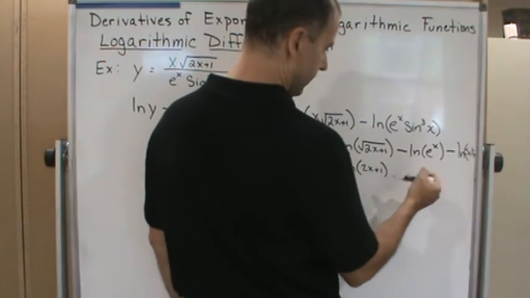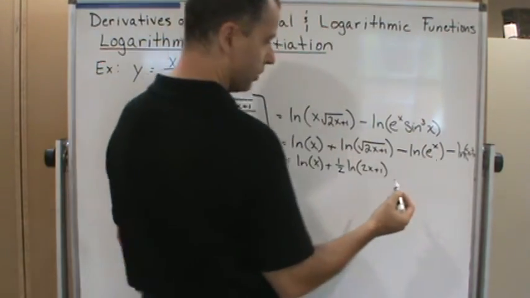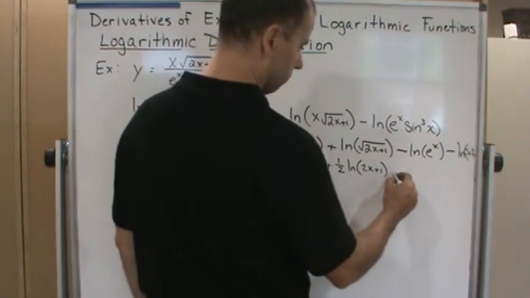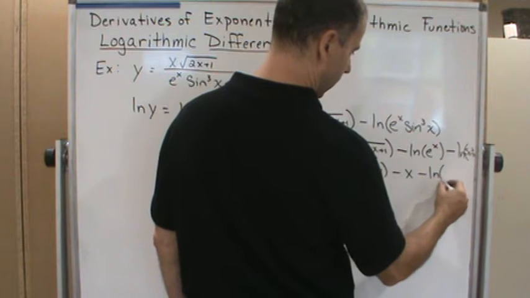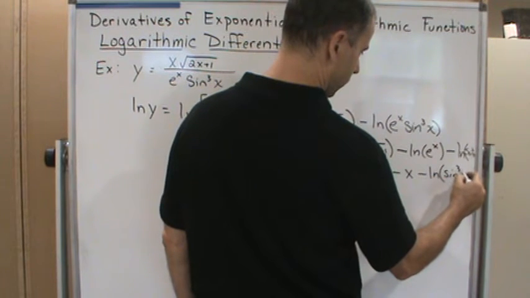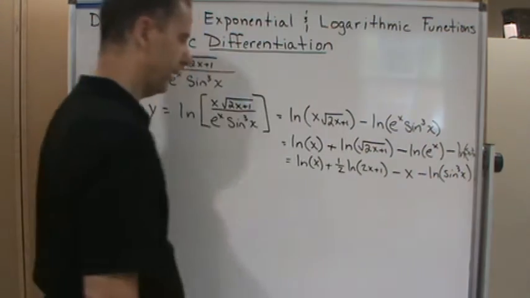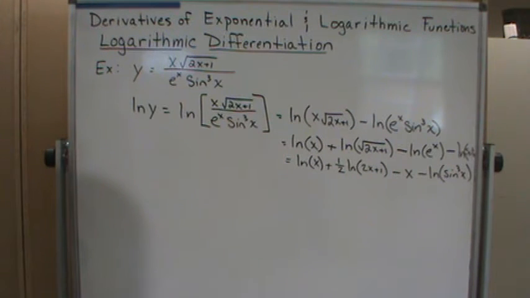And then the natural log of e to the x is just x. And then this is just going to be the natural log of sine cubed x. Okay, now that's fully expanded out. Can't expand it any farther.